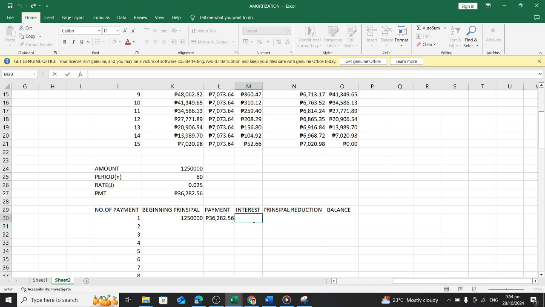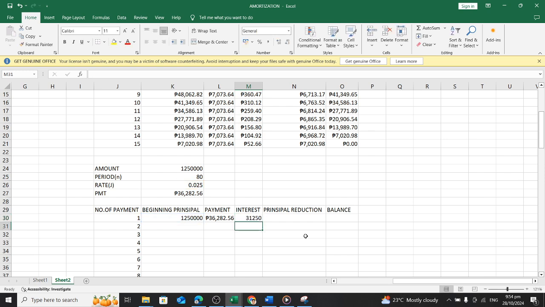What is our interest? Our interest is the product of our beginning principal times our rate, which is 0.025. Just multiply. Now, since rate is a constant value again, let's put a dollar sign before the letter K and before the number 26.